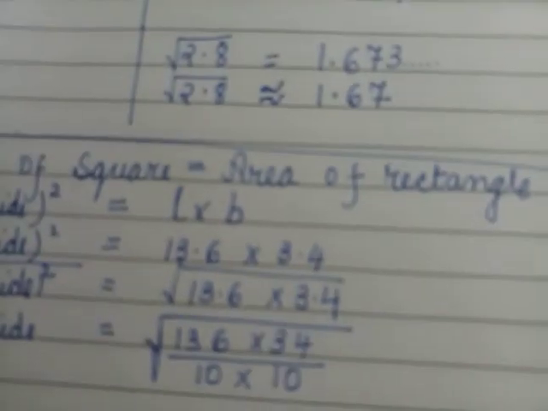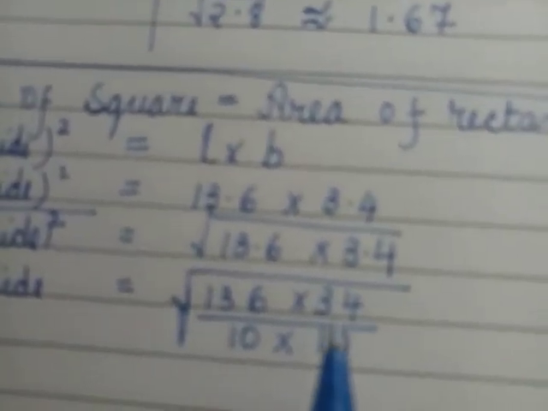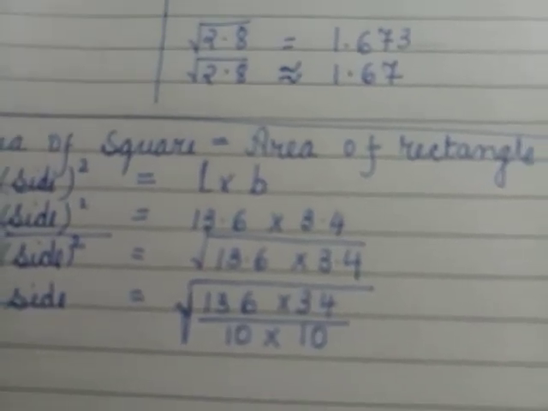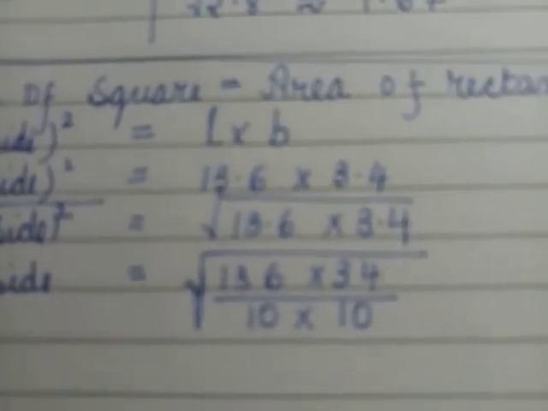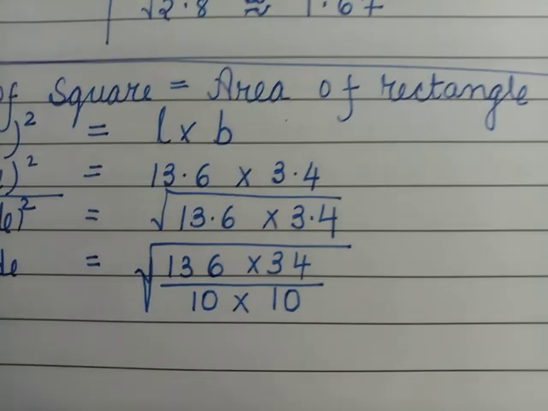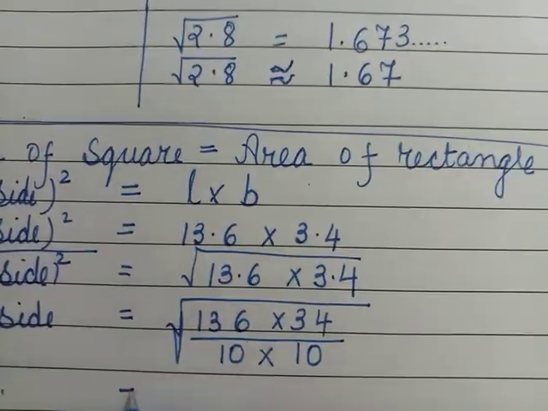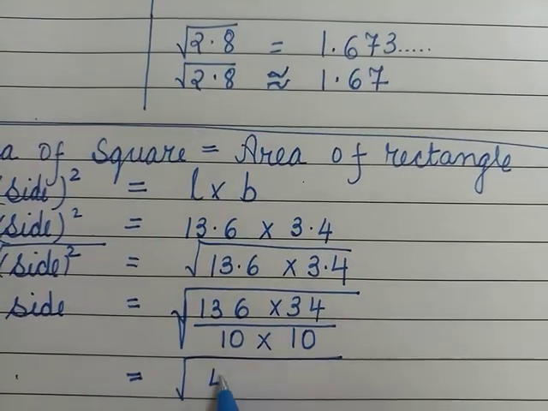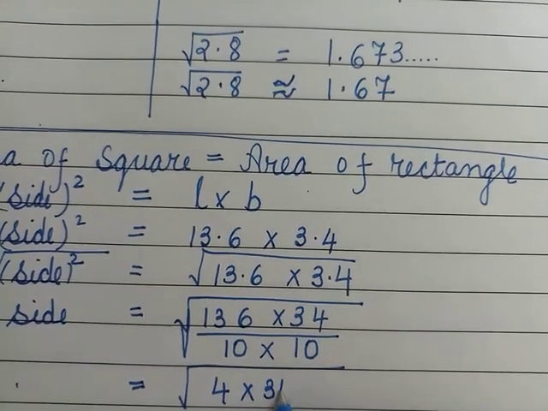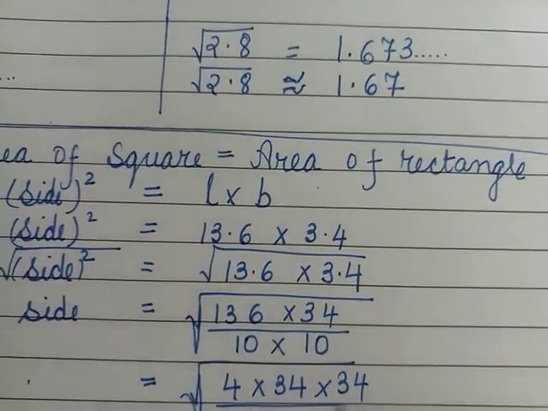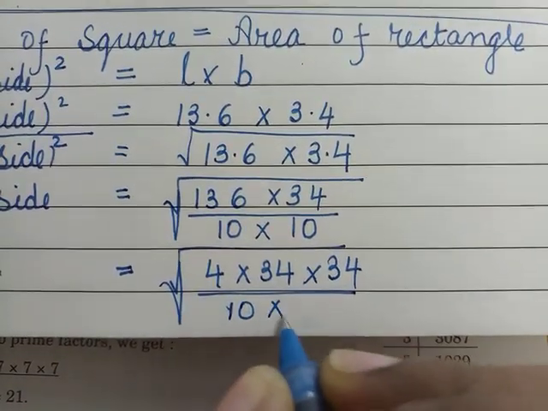Why did I check it out? Because as we are finding the square root and we have one number here, 34, we should have 34 or some number close to 34, or we must have 17 there. So when I checked it out, 34 into 4 is 136. So students, here can I write in place of 136, 4 into 34, and 34 is already there, and in the denominator we have 10 into 10.